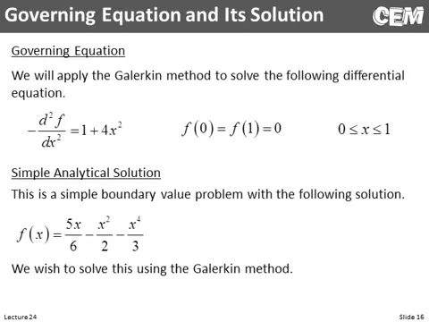Let's work through some examples. So here's a pretty good example. Let's say we have this differential equation that we want to solve. That's our governing equation. It also has these boundary conditions, and we're interested in finding the solution between 0 and 1. So this differential equation in this domain with these boundary conditions. And we want to apply the Galerkin method to do that.